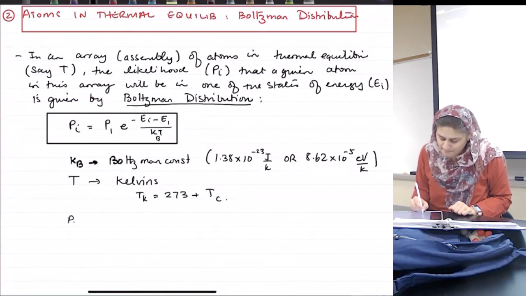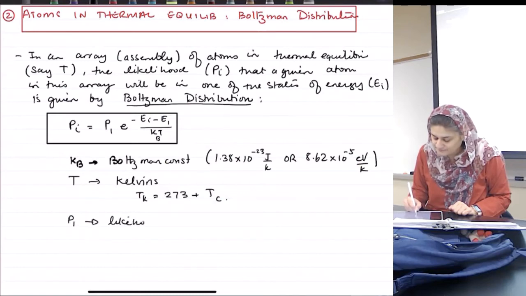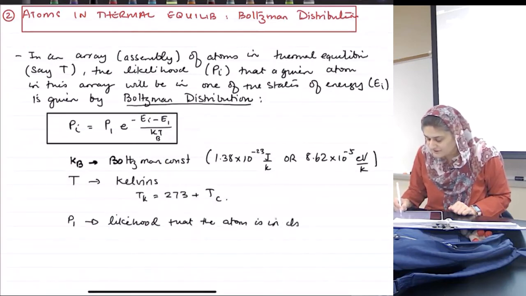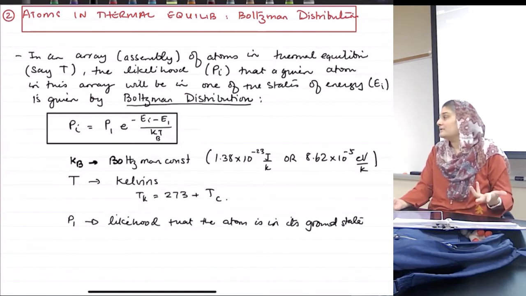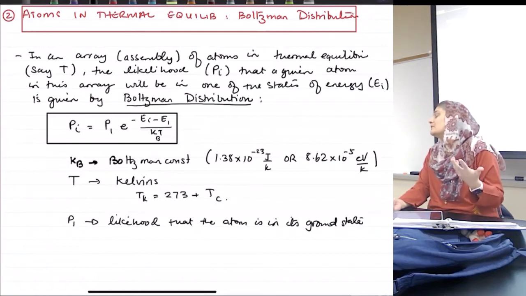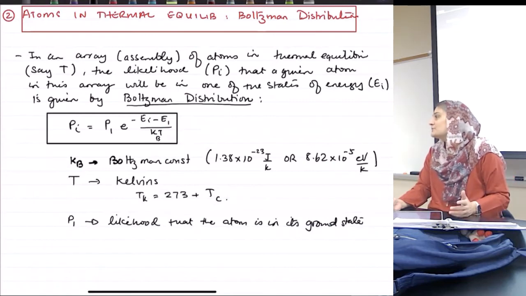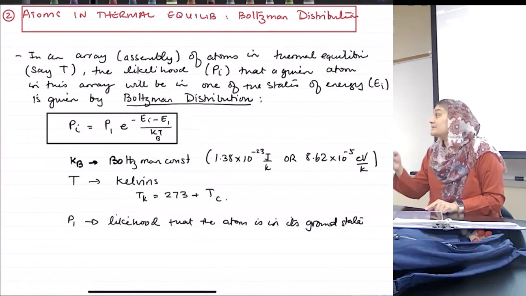Pi or P1 is the likelihood that the atom is in its ground state. Wait, P or P1? P1. Pi is any likelihood for any state. You can call it 0 if you want. Don't call it 1. Just call it P0. The reason why I'm not using Pi is because I need it for something else in the future. So P1 is the likelihood that the atom is in its ground state.